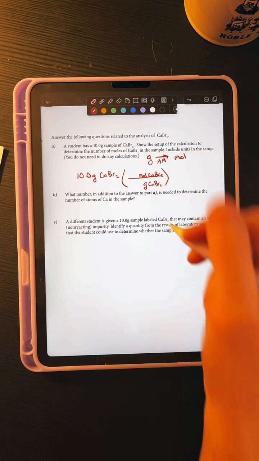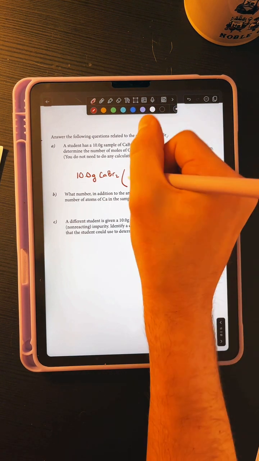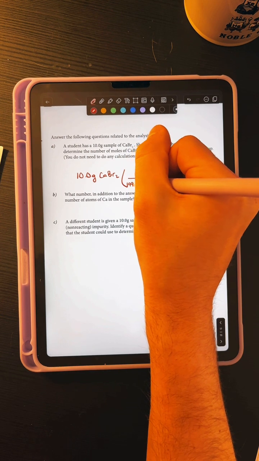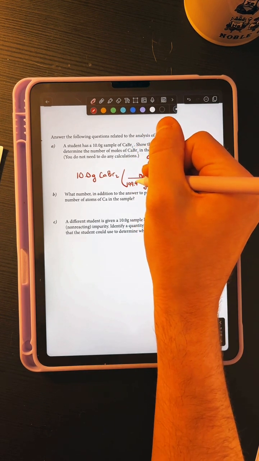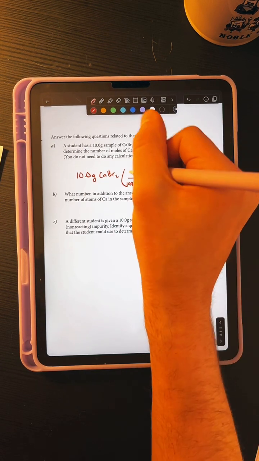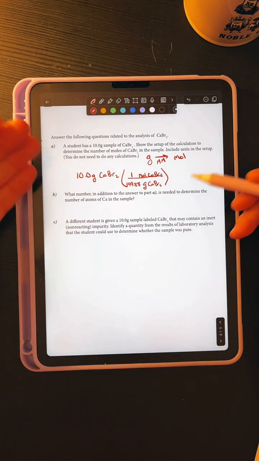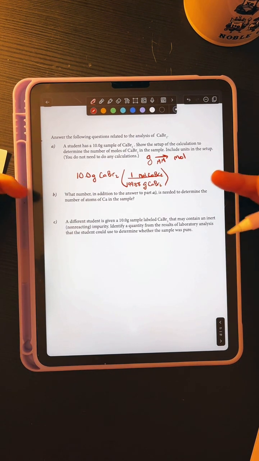And then if we were to look up on the periodic table, we would see that calcium and 2 bromines, the molar mass would equal 88 grams for every 1 mole. Now, because we're not asked to solve this, we're just asked to set it up. This is all you would have to do.